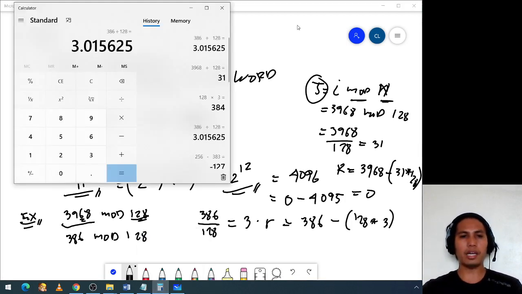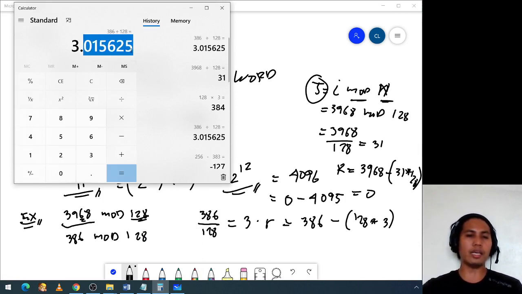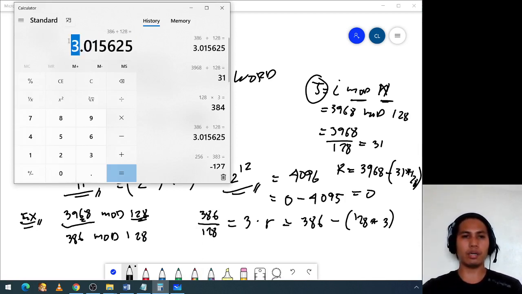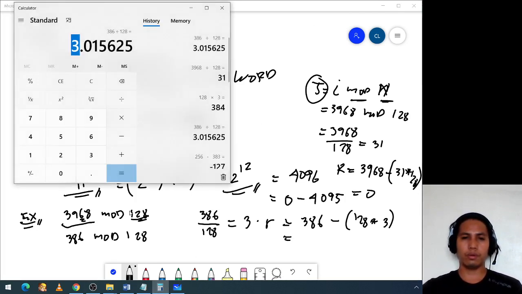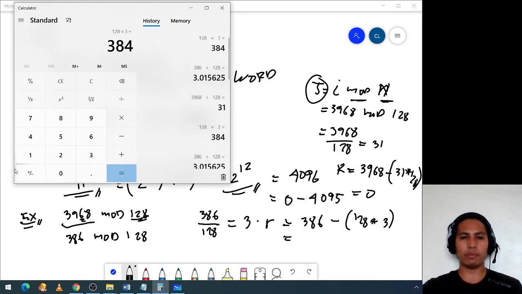Okay? Sir, bakit 3 lang ang kinuha mo? Disregard the non-integer part. You just get the whole number. So 128 times 3, that is actually 384.